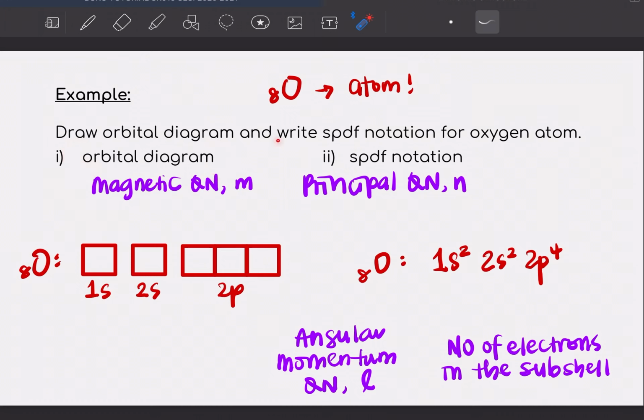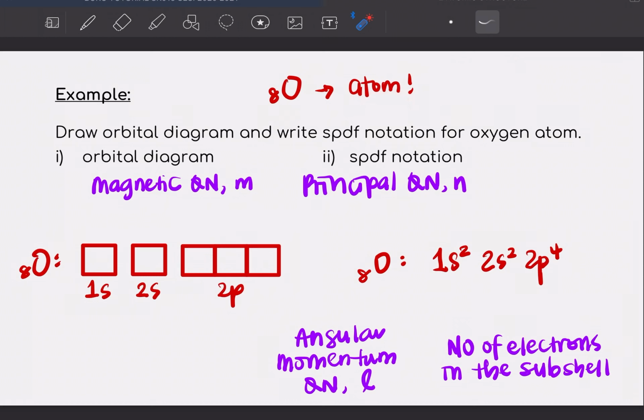If they ask you to write the electronic configuration, then you must give it in SPDF notation. That is a tip for you in exams. Since it asks for an oxygen atom, you know that oxygen has 8 protons. Since it's an atom, you have 8 electrons.